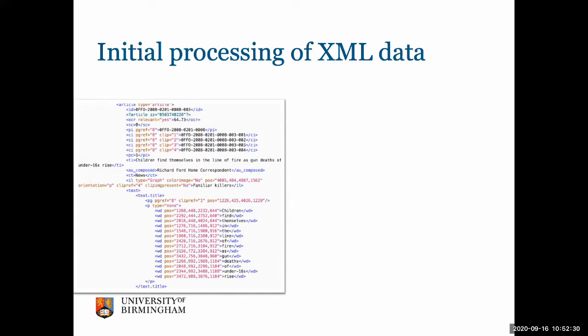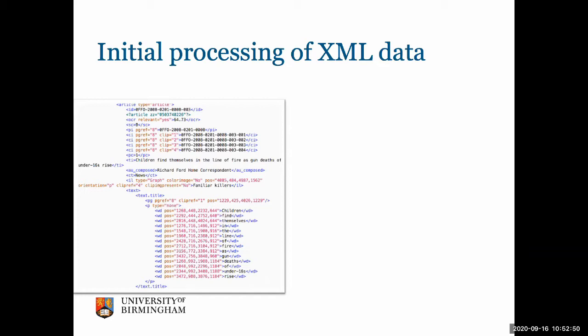On top of that, every single word in the main text is tagged, because when you search in the online interface, it will highlight the search term on the page, and so it needs to be able to find its position. That's important for that purpose, not really for our analysis.